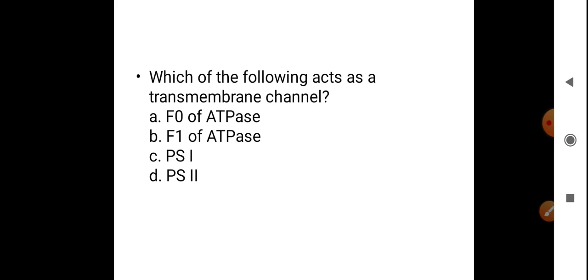Next question: which of the following acts as a transmembrane channel? The answer is option A, F0 of the ATPase enzyme, because F1 is the site where the conformational change occurs.